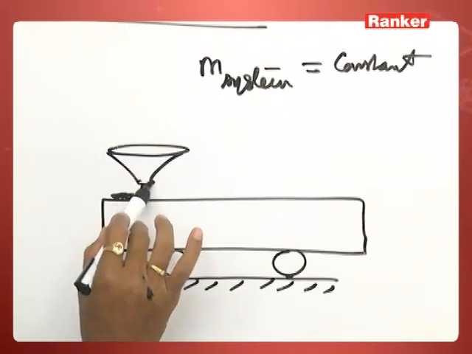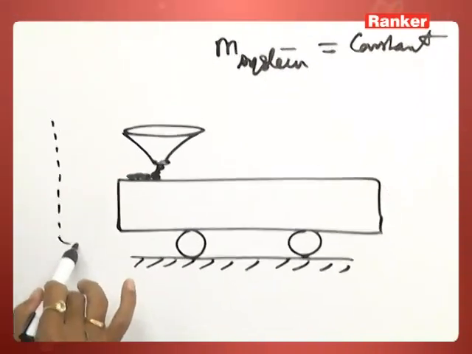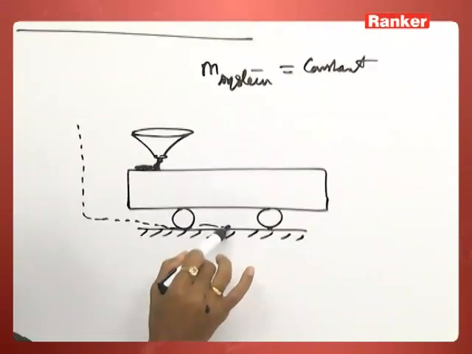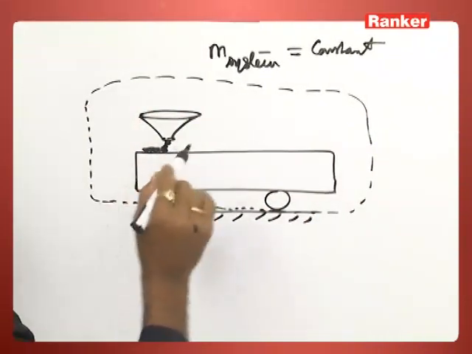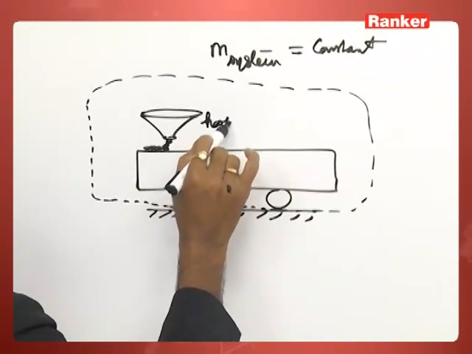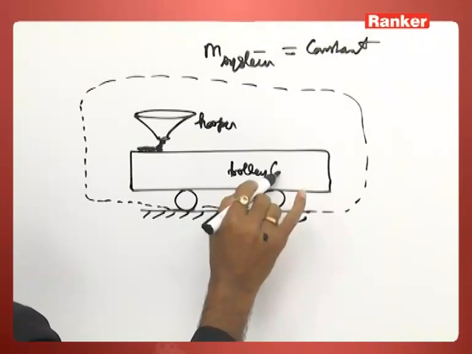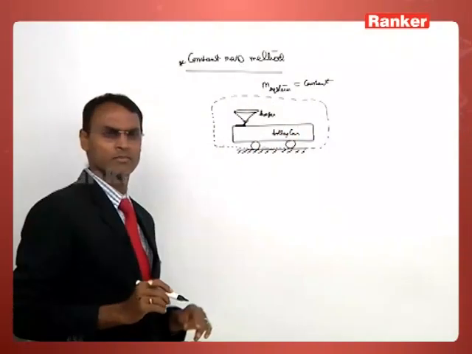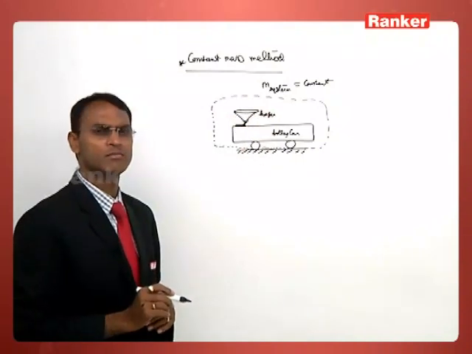Accordingly, you have to choose the mass. If you choose the system, the hopper plus trolley car, then the mass of the system does not change.